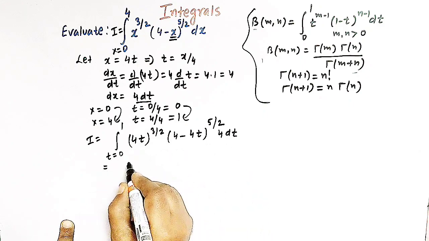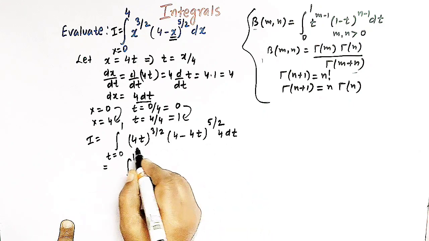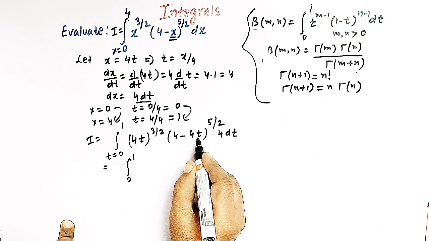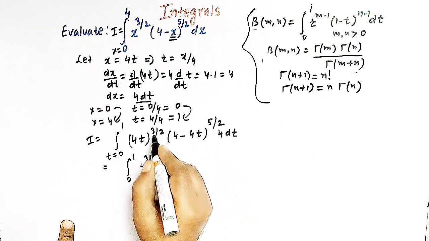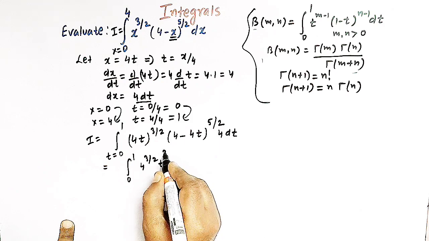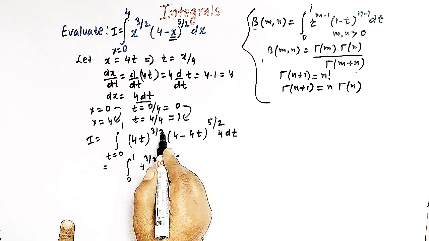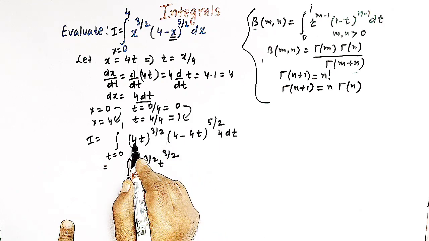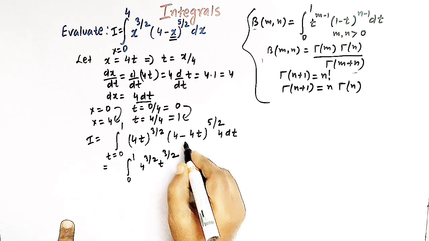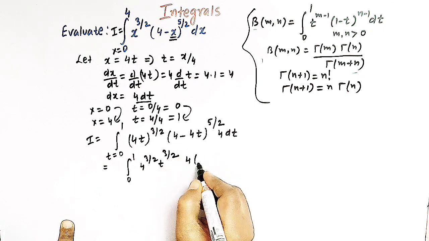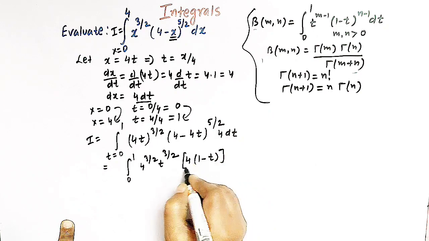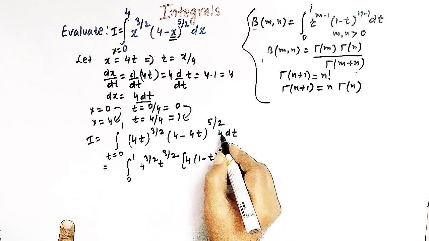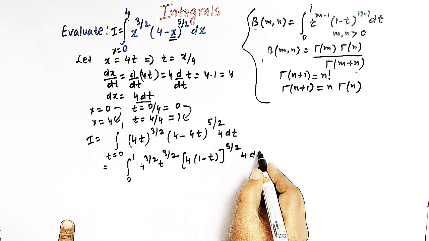Okay, now let us simplify this integrand. So we have 4 raised to 3 by 2, and then t raised to 3 by 2, distributing this power to 4 and t, and here we can take 4 common. So we have 4 times 1 minus t raised to 5 over 2, and here we have 4 dt.